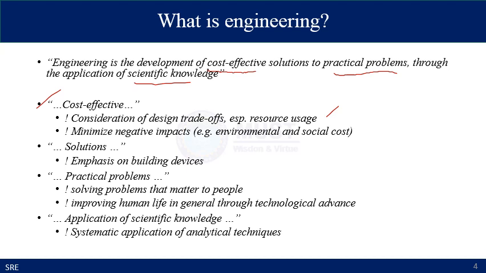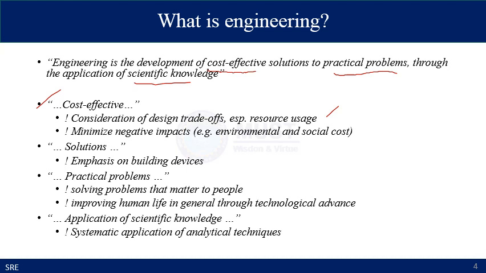Secondly, it should provide a solution, and the emphasis of engineering is to provide novel solutions or to discover new solutions for existing problems which have already been found a solution.